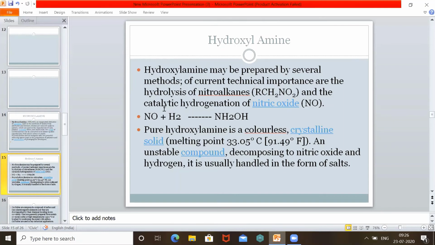Hence, they form interstitial nitrides. Interstitial nitrides are hard substances. They are used as refractory materials. Next, we have covalent nitrides. Non-metals like carbon, sulfur, boron form covalent nitrides.